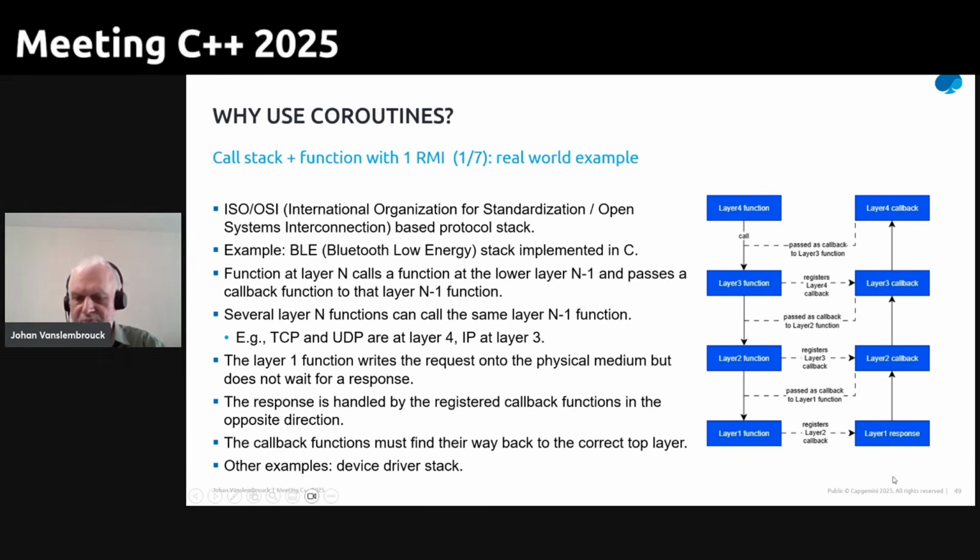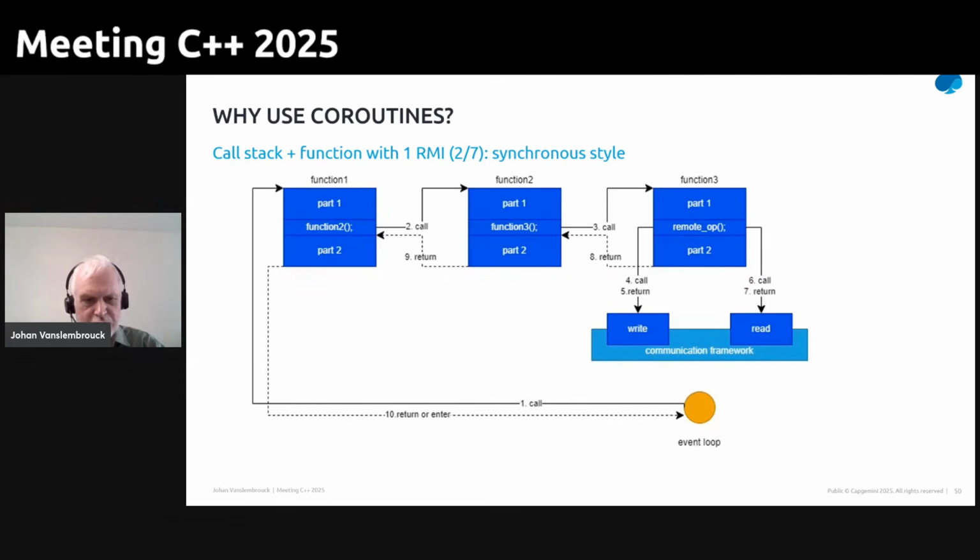So afterwards, we have the callback chain going back upwards with the response. It's something you can also find in device driver stacks, I suppose. So that was in fact the starting point of the whole presentation, what it has become so far.